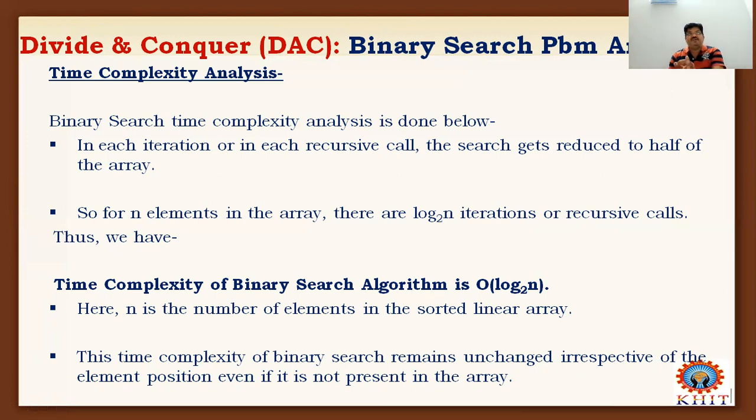So the final result will be log n base 2. So the time complexity of binary search is order of log n base 2. Here n is the number of elements in the sorted linear array. The time complexity of binary search remains unchanged irrespective of the element position, even if it is not present in the array.